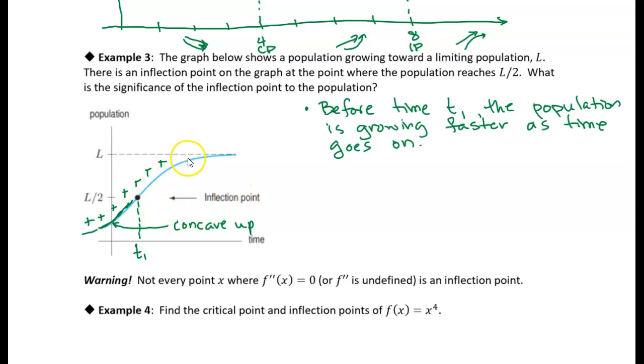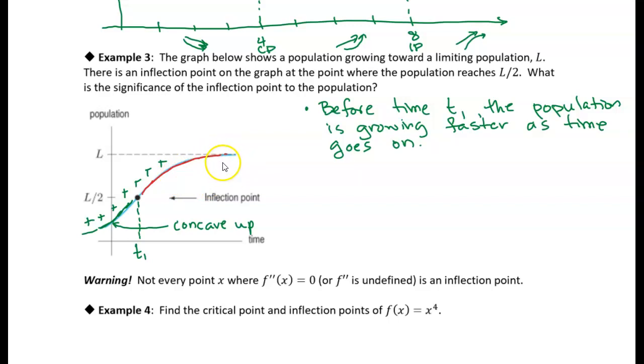So then after time t1, let me mark that here, you can see that the curve is concave down. So what does that mean? That means that after this time t1, the population is growing slower. So at some point, it's probably hitting the limits of its resources, and it starts to slow down.